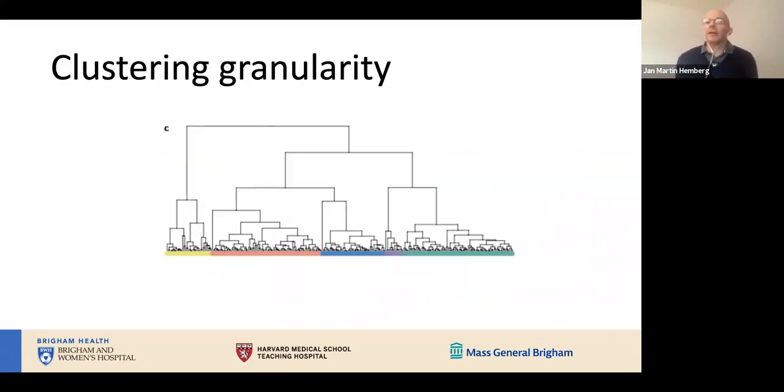So another important thing to say about clustering is that it's typically the case that there is not a single correct answer. You can, for example, imagine if you have a data set from a cortical brain region, then you could cluster that on multiple different levels.